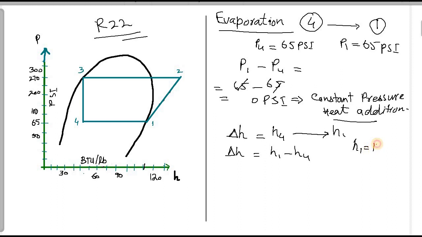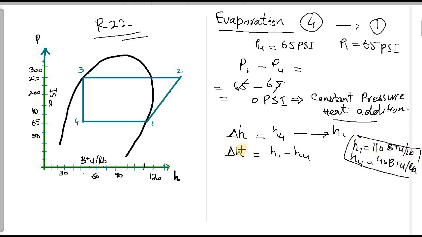H1 is equal to 110 BTU per pound, and H4 is equal to 40 BTU per pound. So these are our two values.